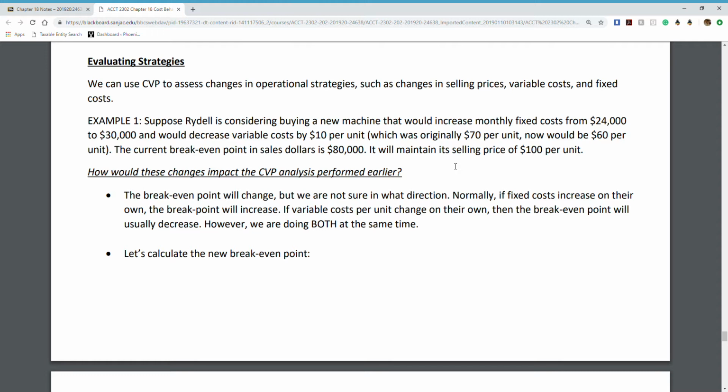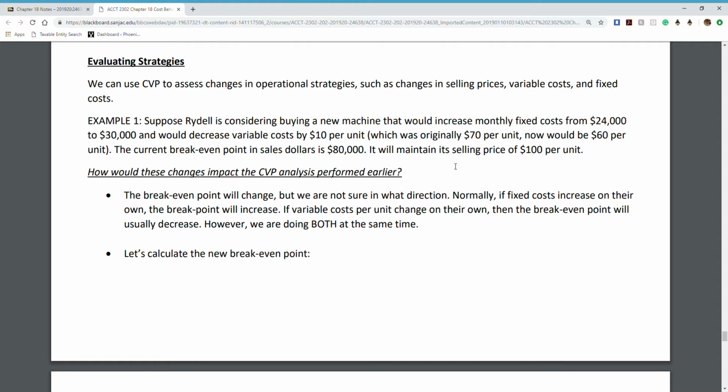Evaluating strategies. We can use CVP to assess changes in operations strategies, such as changes in selling prices, variable costs, and fixed costs. The example that we're going to use again is Rydell, and they're going to buy a new machine. So here's us answering those other questions that came up at the beginning of the chapter.